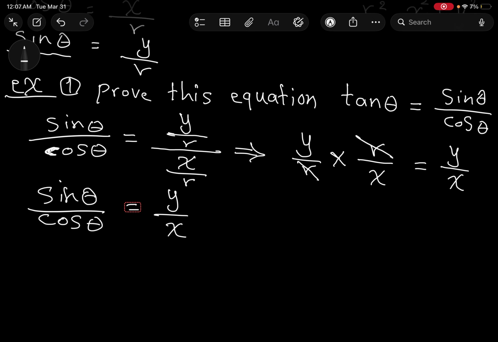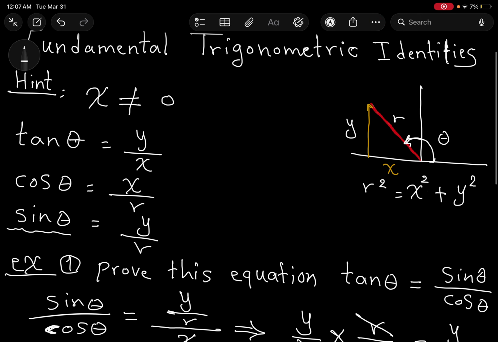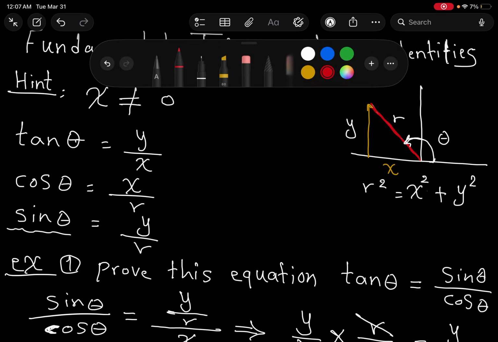So y over x, where is y over x? Look. I'm going to use another color, let me use the red one. Tan theta equals y over x.